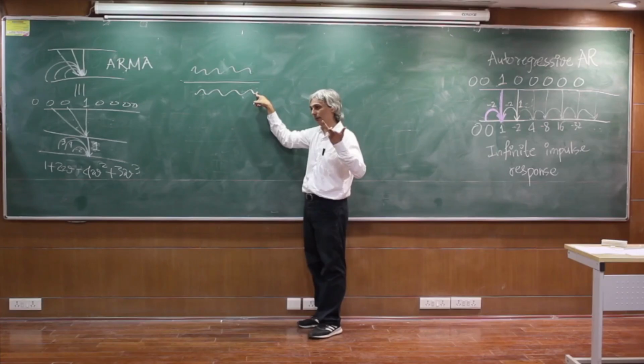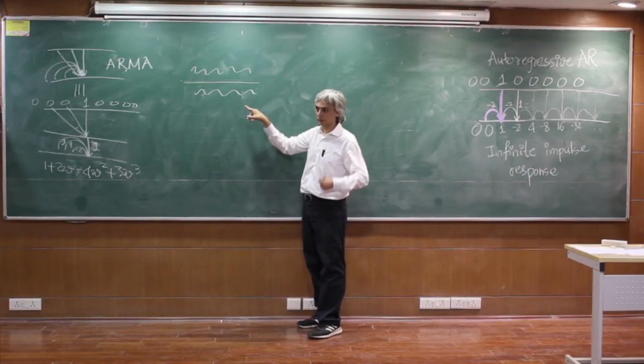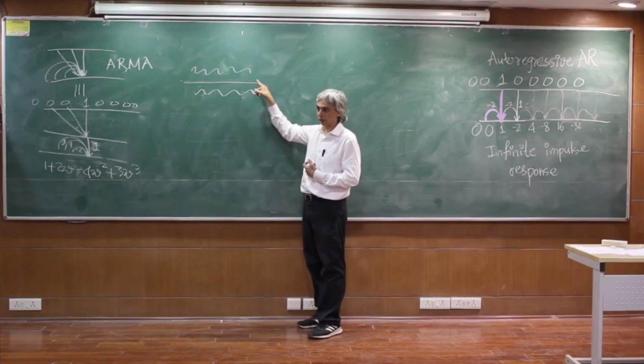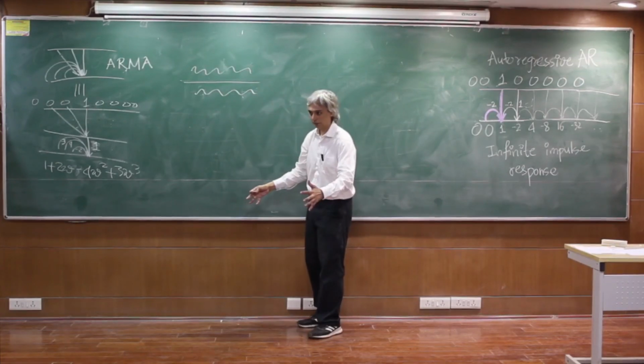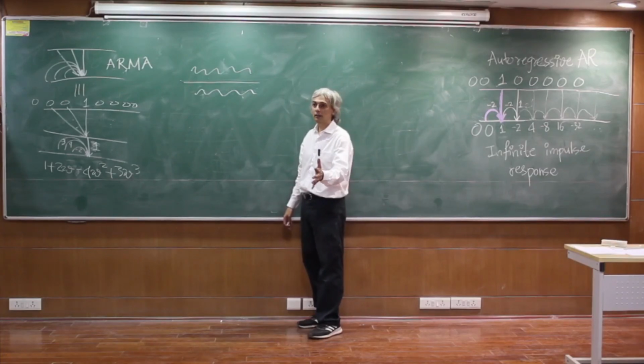Technical term, it's in the book. And so what I am calling an ARMA filter, the book will call a pole zero filter. What I am calling a moving average filter, the book will call an all zero filter. What I am calling an autoregressive filter, the book will call an all pole filter.